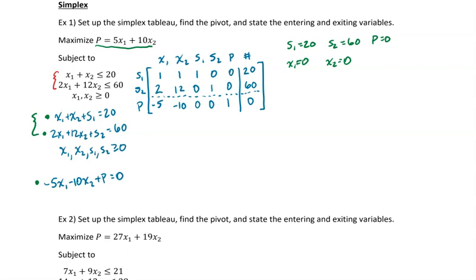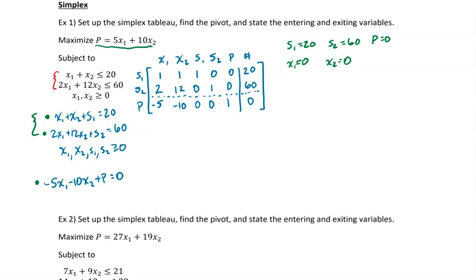All right. Now, the variables up top are never going to change. That's just literally telling you what each column represents. Those labels are going to stay the same. The ones on the left are actually going to change as we go through the process, and that's where the entering and exiting variables come in.